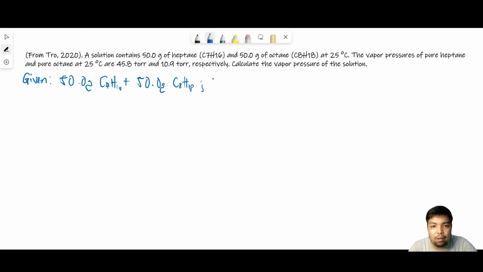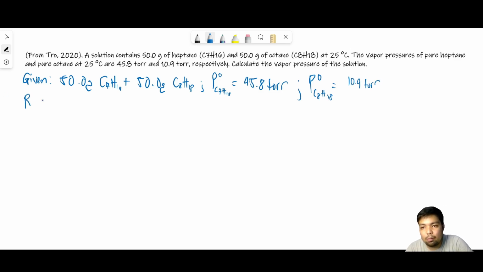We are also given the vapor pressure of heptane, which is equal to 45.8 torr, while the vapor pressure of octane is this one here. After that, we indicate what is required in the problem. I'll make my handwriting a bit smaller. It is the vapor pressure of the solution.